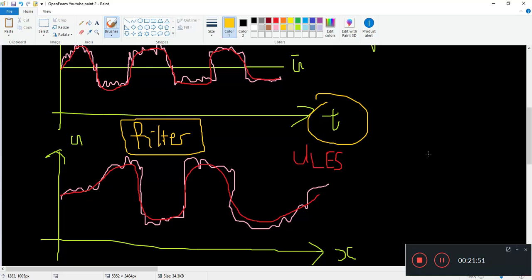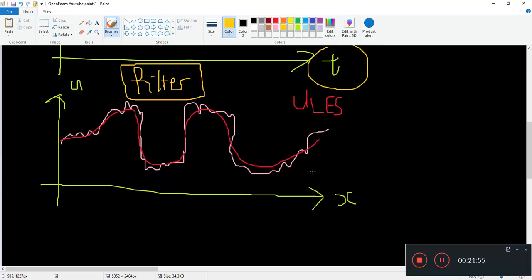You often find it. It may not always be the case, but often you'll find it's a time average. So this is quite simplifying the problem a lot. But for large eddy simulation, the way you average or filter is based on space. So for example, you have not u versus t, but now u versus x, where x is some kind of position.